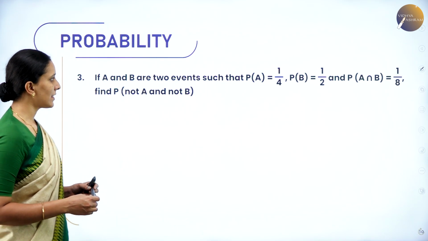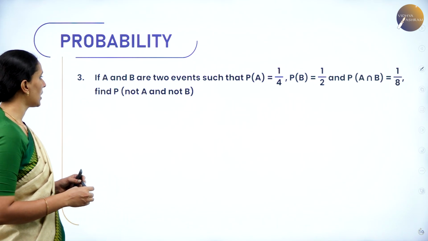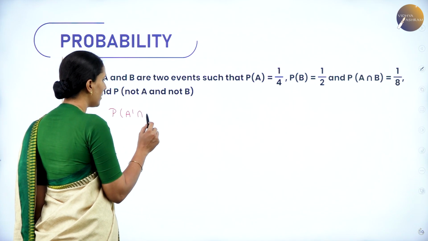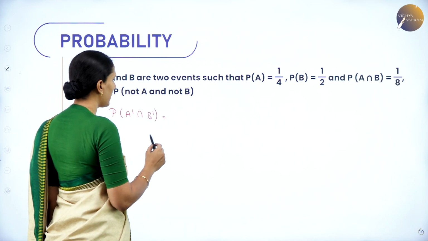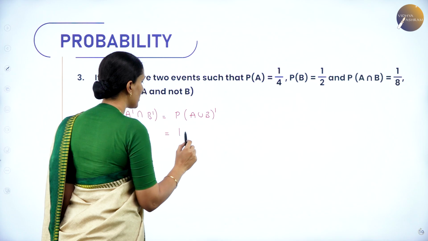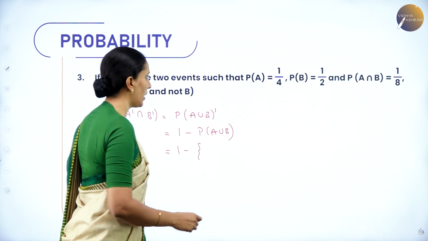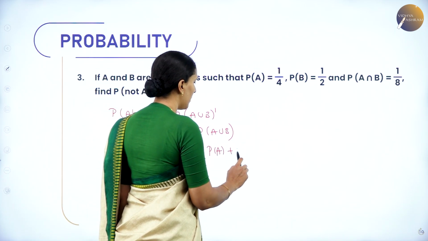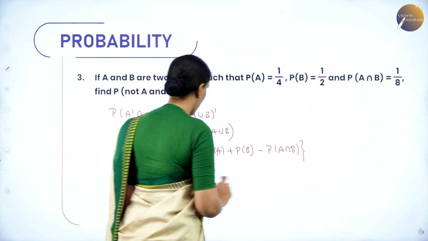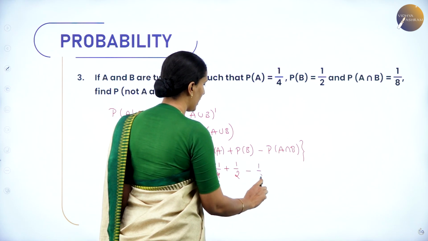Next question. If A and B are two events such that P of A is 1 by 4, P of B is 1 by 2 and P of A intersection B is 1 by 8, find probability of not A and not B. So probability of not A and not B can be written as probability of A union B whole dash, which can be written as 1 minus probability of A union B. Now probability of A union B can be written as P of A plus P of B minus P of A intersection B, which will be equal to 1 by 4 plus 1 by 2 minus 1 by 8.